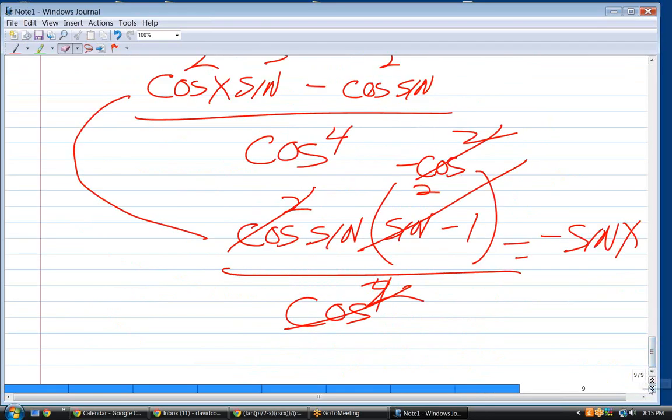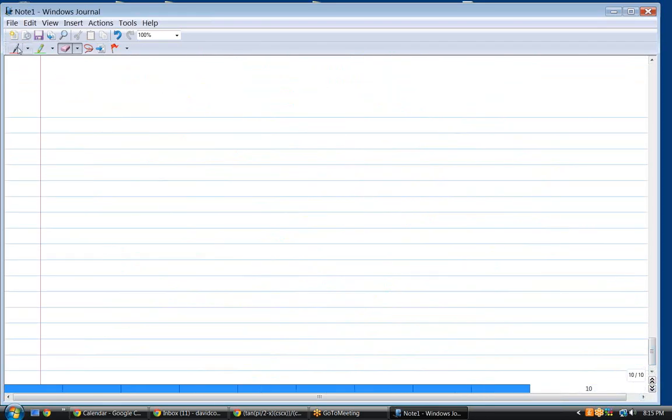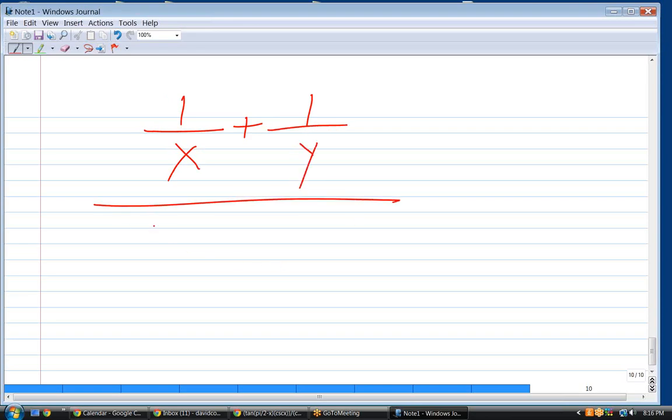Okay? All right. Got another one of those beauties. Mainly, this is hard algebra. In other words, this is as much algebra as it is trig. It's like if I gave you an algebra problem, 1 over x plus 1 over y, all divided by 1 minus x over 1 plus x minus 1 minus y.